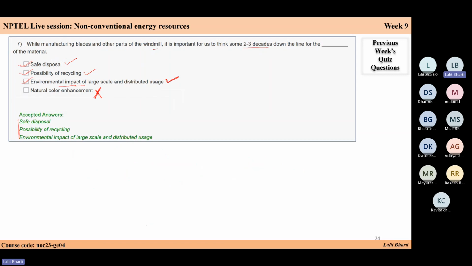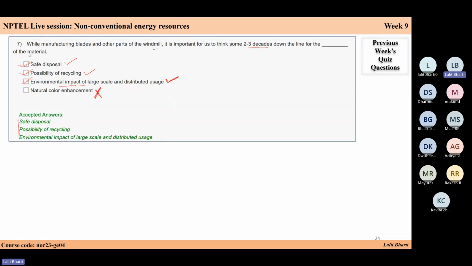Then we have question 7. It says while manufacturing blades and other parts of windmills, it is important for us to think some 2-3 decades down the line for the plan of the material. The options are safe disposal, possibility of recycling, environmental impact of large scale and distributed uses, and natural color enhancement. We know that options 1, 2, 3 are suitable.